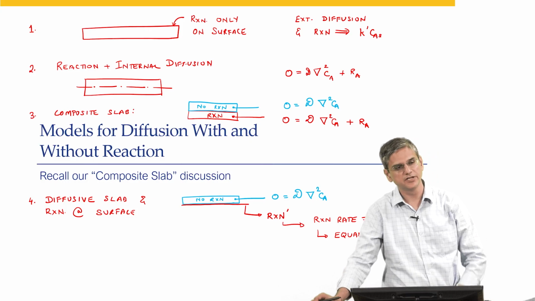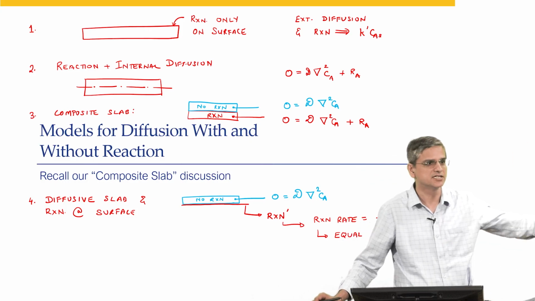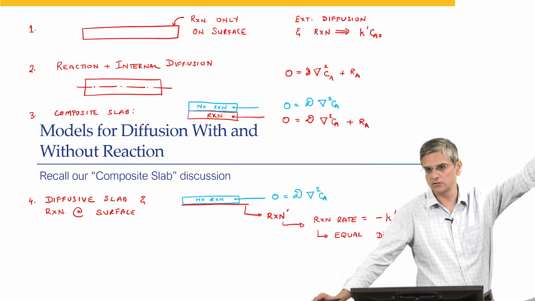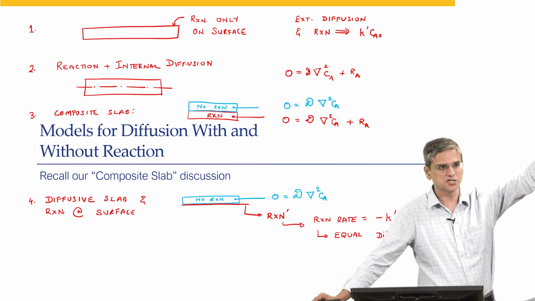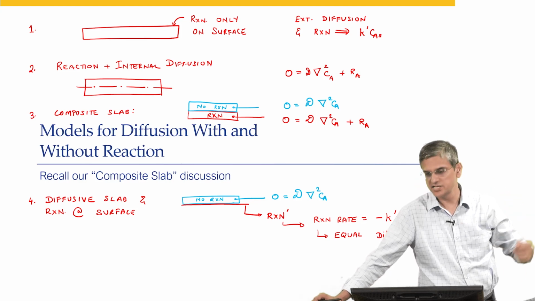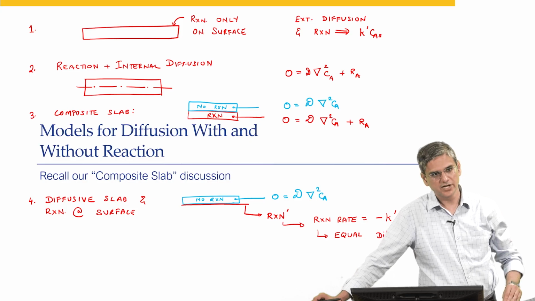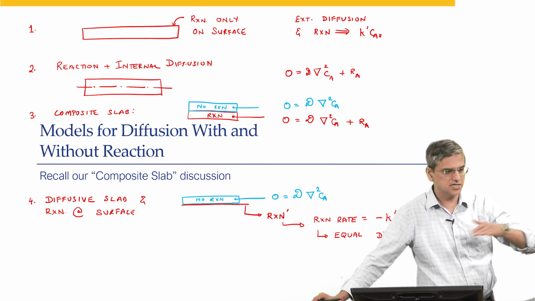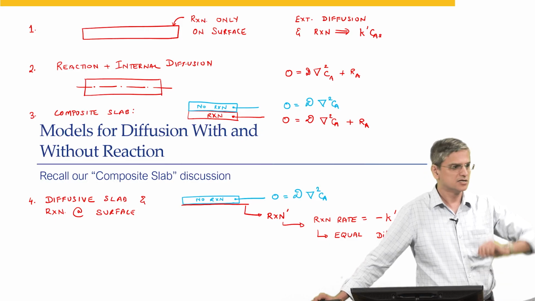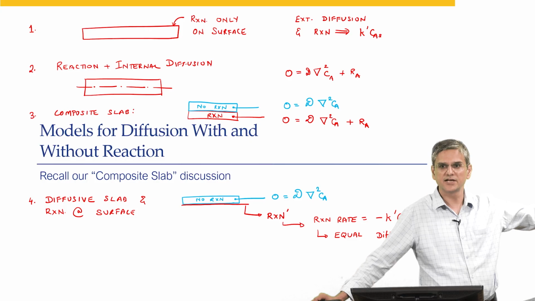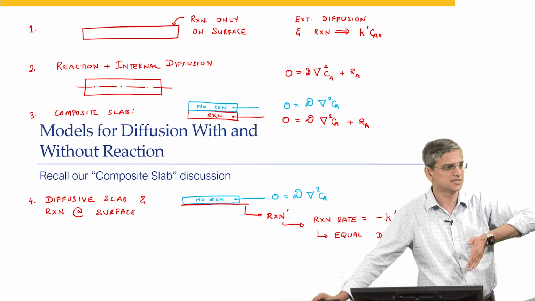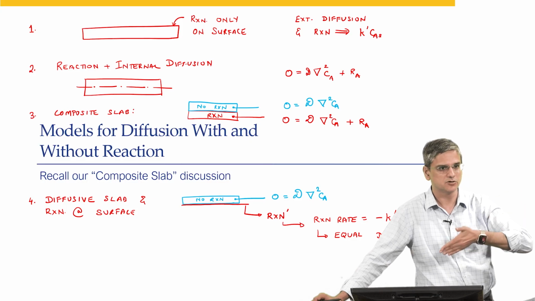Or alternatively, you can do the analysis exactly as you did earlier. At the top the concentration is C_AS, at the bottom the concentration is C_A,cat. Rate of reaction at the bottom is equal to k multiplied by C_A,cat. Remember what you did earlier in external diffusion, k_c multiplied by (C_AB minus C_AS) equal to rate of reaction.